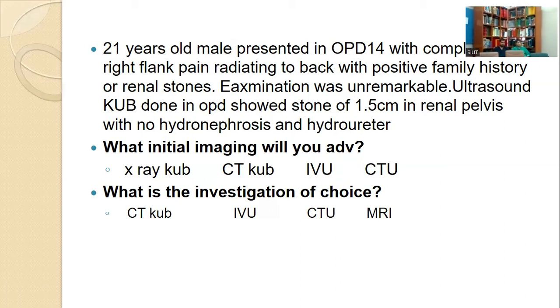If it were a radiolucent stone, we would miss it on X-ray KUB. To be sure, we'll get a CT KUB done to know the exact stone size, its Hounsfield units, its exact location inside the kidney, and the renal anatomy, so we can plan further management.